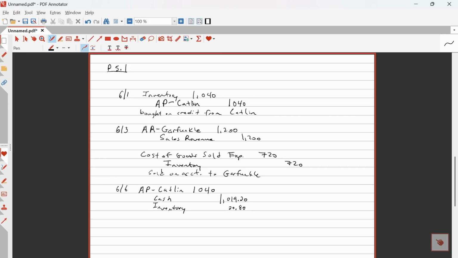That's the journal entry when we pay for inventory that we purchased in the past on account and we pay within the discount period. You always debit the account payable, credit cash, and credit inventory for the discount.